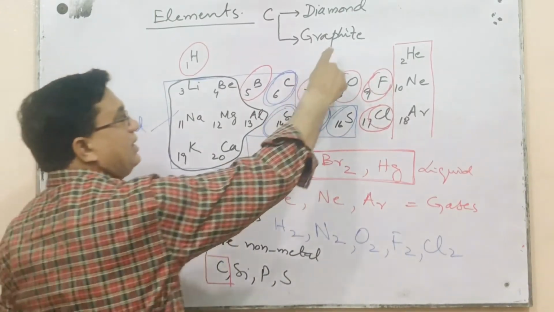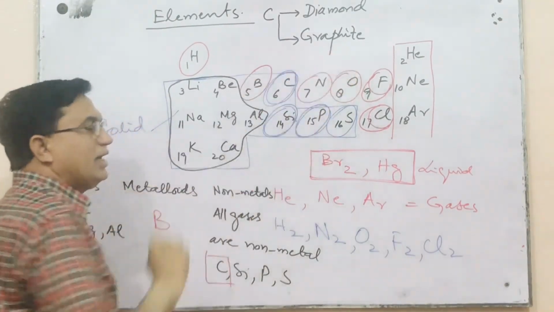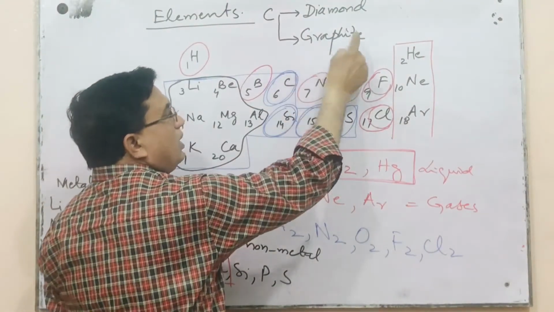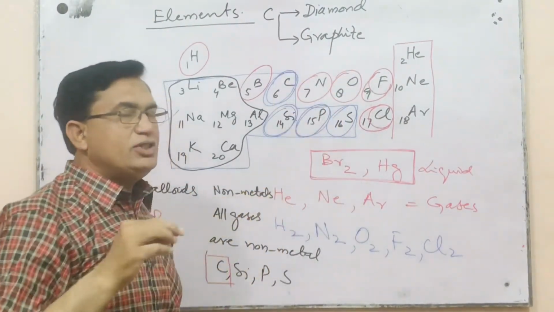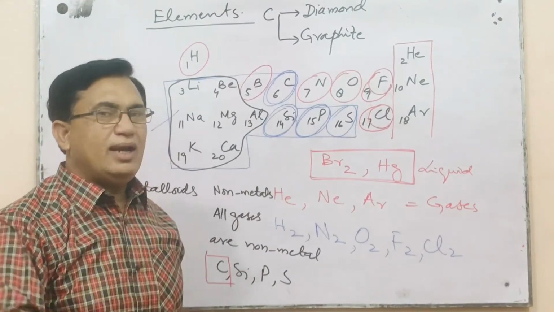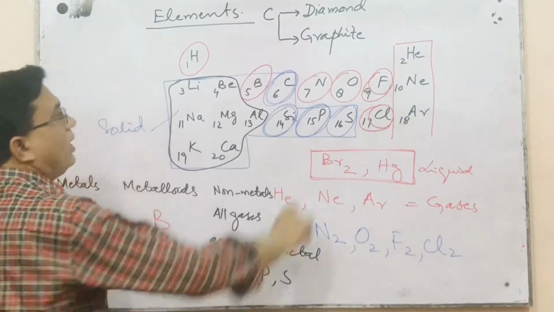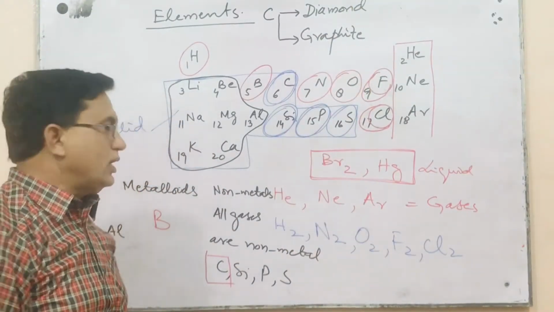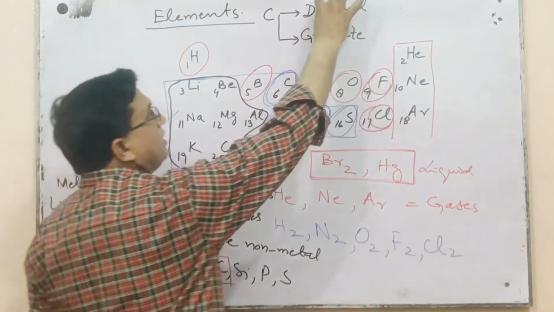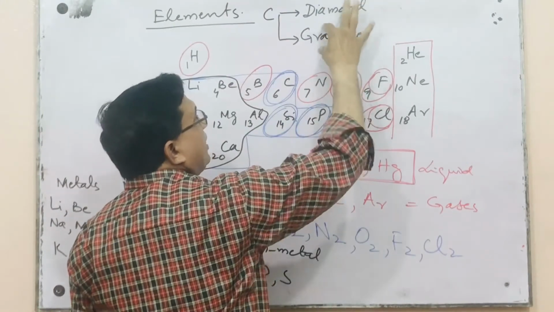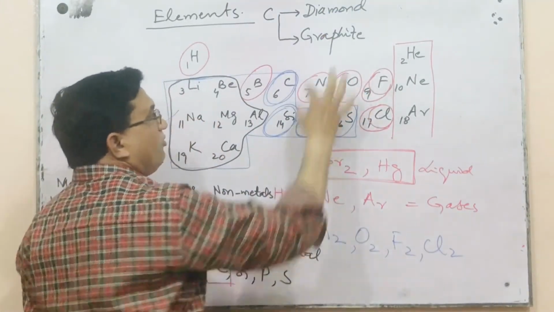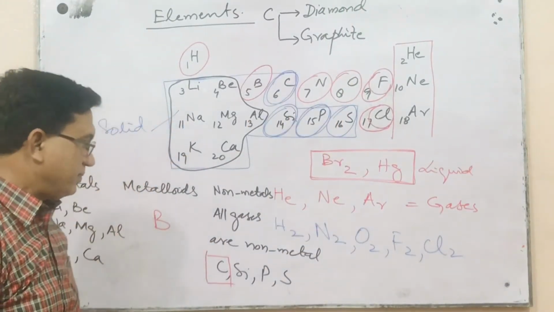One form is a conductor of electric current, graphite. Graphite is a conductor of electric current and is used as electrode in electrolysis processes, while diamond is a purely non-conductor, a very hard substance, very hard, and graphite is soft. Diamond is non-conductor, graphite is conductor.